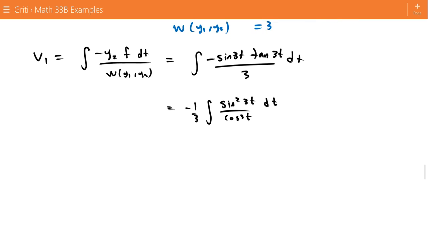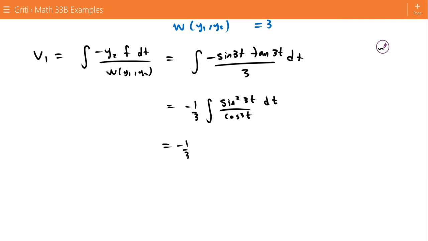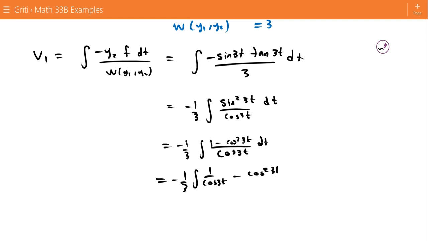Next, we convert the sine squared into 1 minus cosine squared using the Pythagorean identity, and we leave the cosine down here, and then we distribute the cosine to the 1 and the cosine squared.